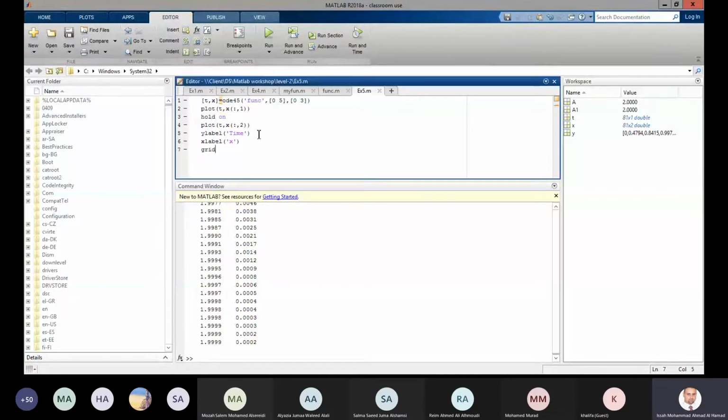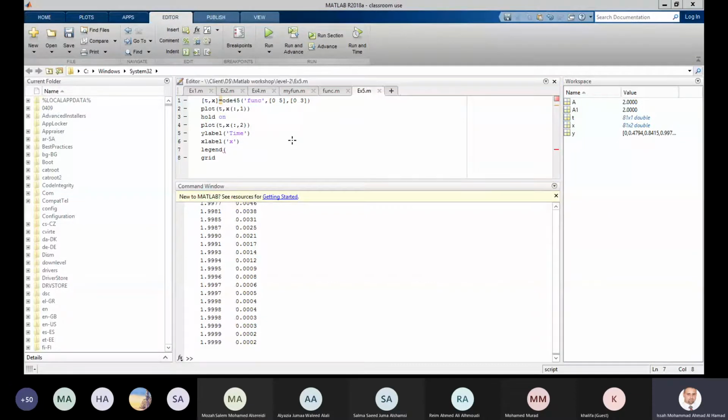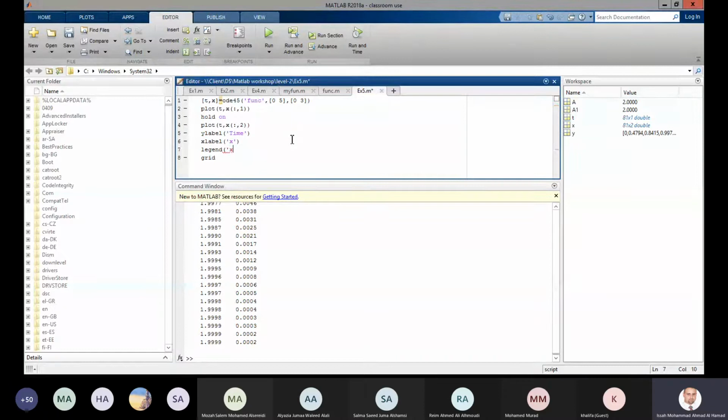Okay, I will add a legend so you will understand which is which. After the plot and y label, I will add legend. The first one is x of t, and the second one is x dot.